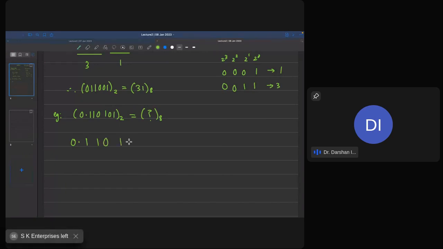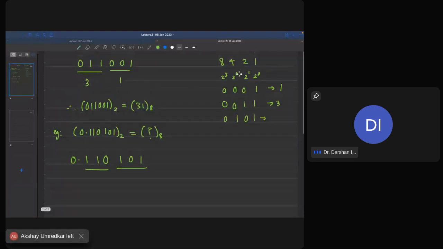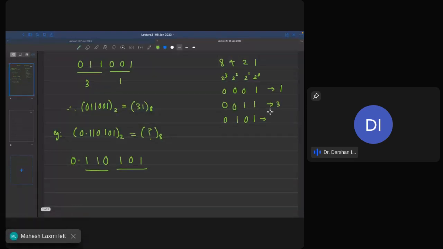Group, group. Now what is this? 101, right? What is 101? 4 plus 1, 5. And this is 110. What is 110? 4 plus 2, 6. So this is 6 and this is 5.